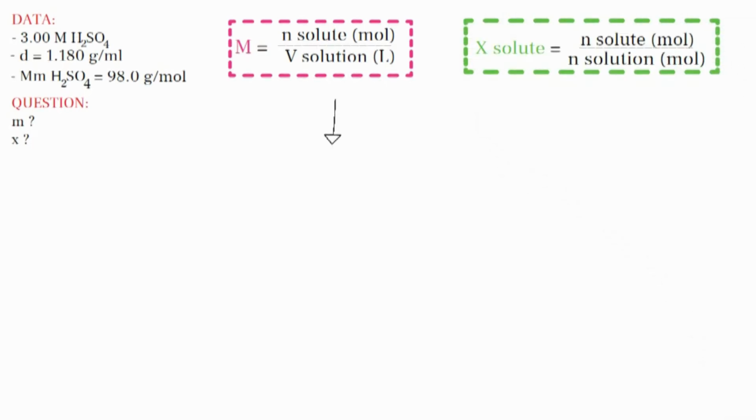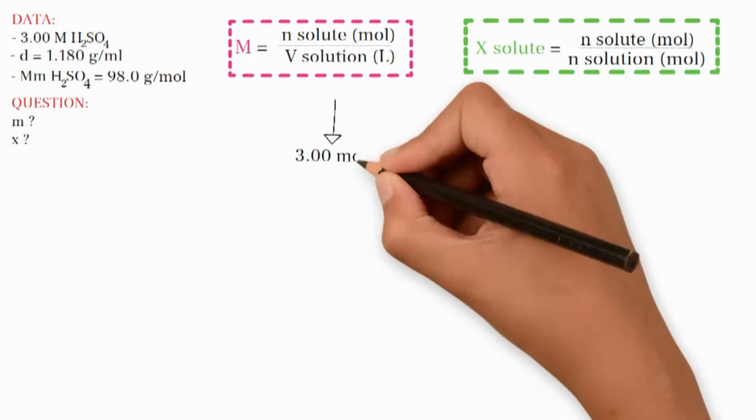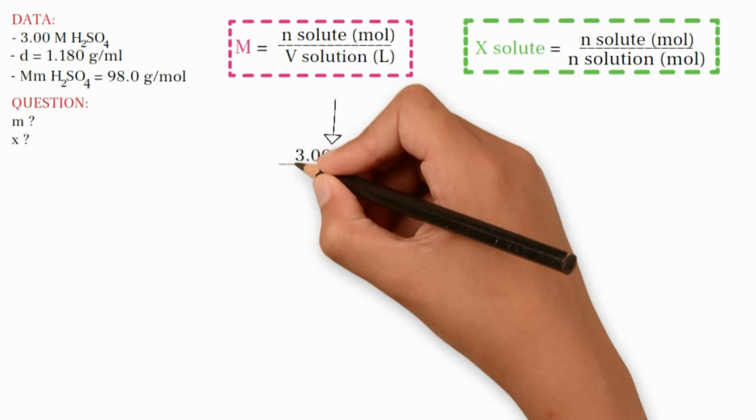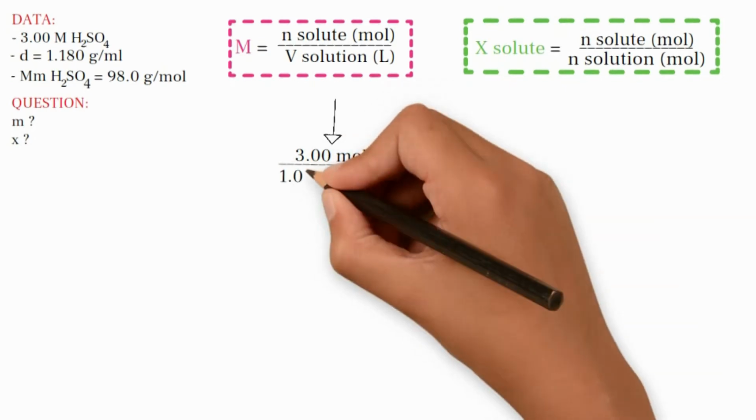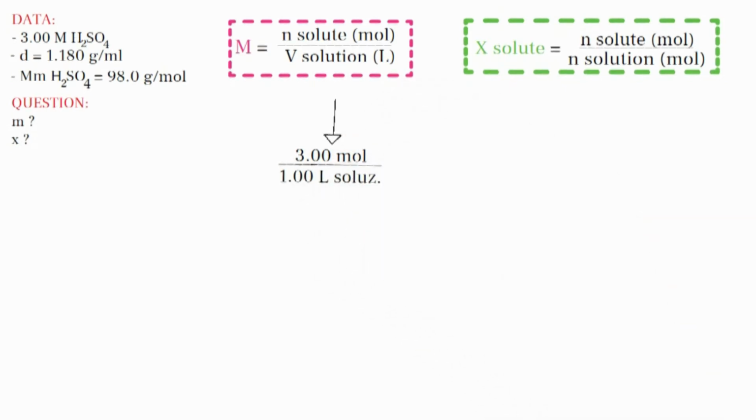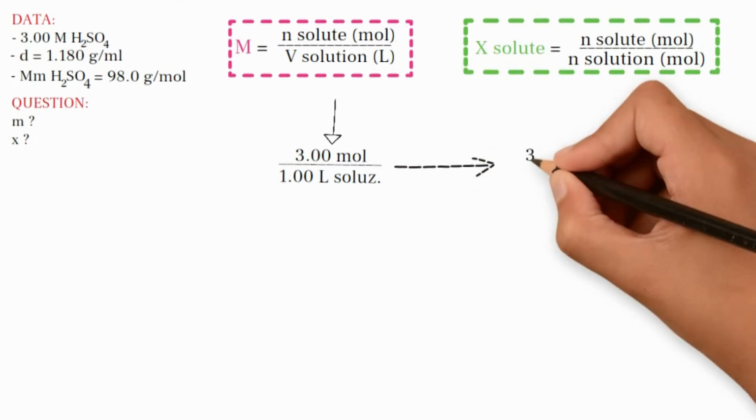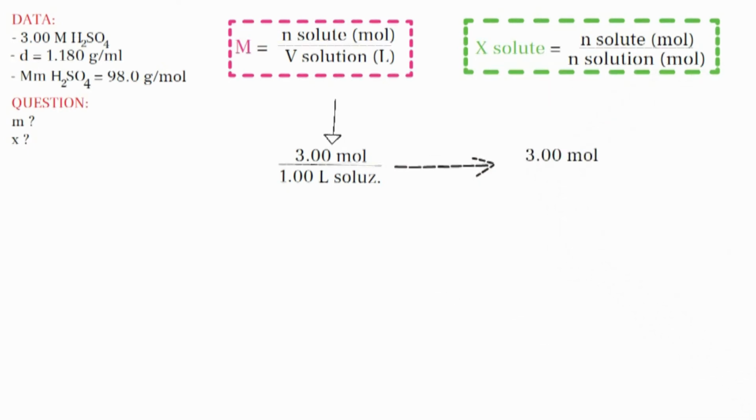Let's see what we have and what we do not have. A 3 molar solution of sulfuric acid means we have 3 moles of sulfuric acid in 1 liter of solution. To know the mole fraction of solute, we need the moles of solute. My moles of solute is 3, so we have it.